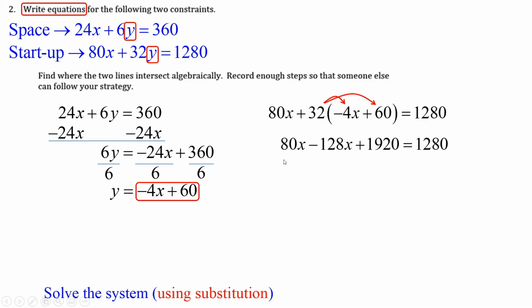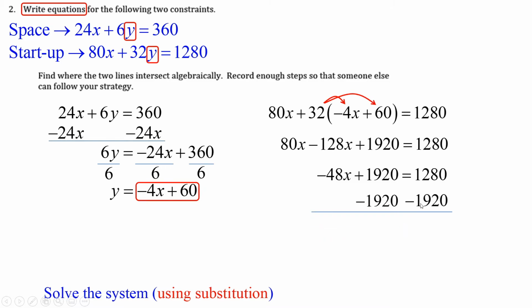So now, on the left-hand side, let's combine our x's. I see 80x's minus 128x's. So that's going to be, well, 80 minus 128, that'd be negative 48x's. All right. Now we have to isolate this x right here. So let's get rid of that plus 1920.